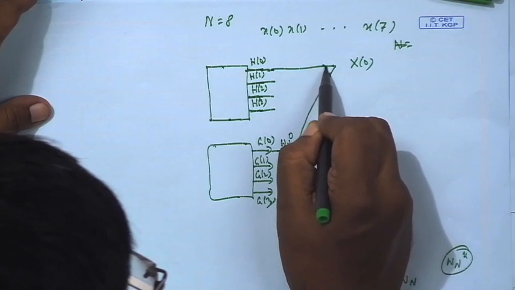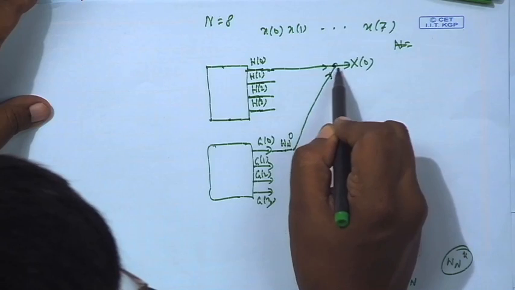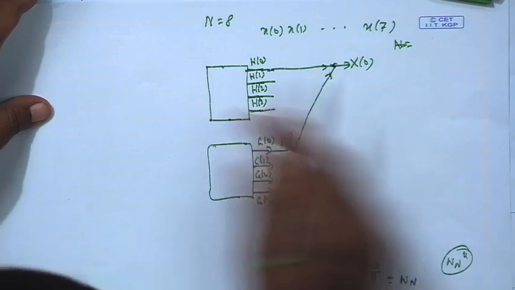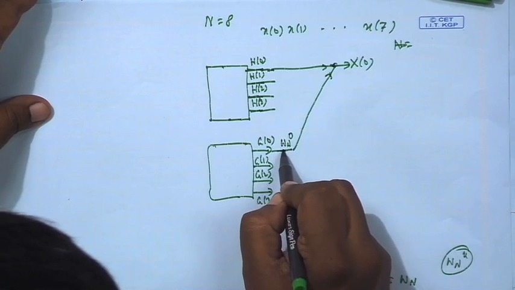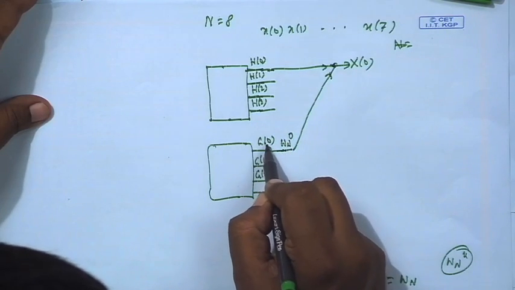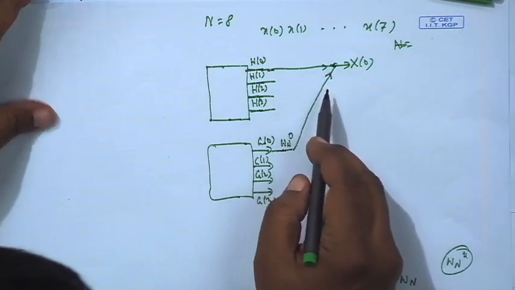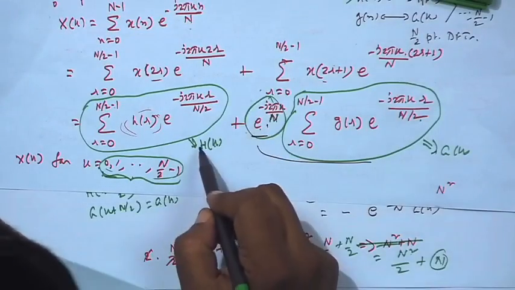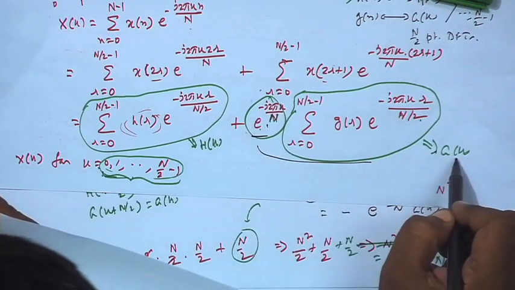When two arrows meet at a point, assume there is an adder here. Because if we start drawing an adder everywhere, it will be very clumsy and complicated. So, when I write some constant by the side of an edge, that means we are multiplying the signal g 0 by this and then moving it up, and it is getting added. So, what you have is h 0 plus W n to the power 0 into g 0.